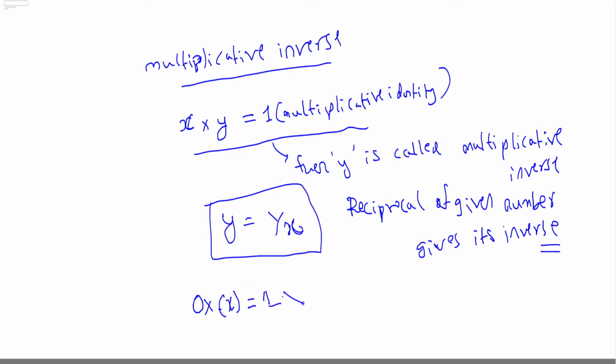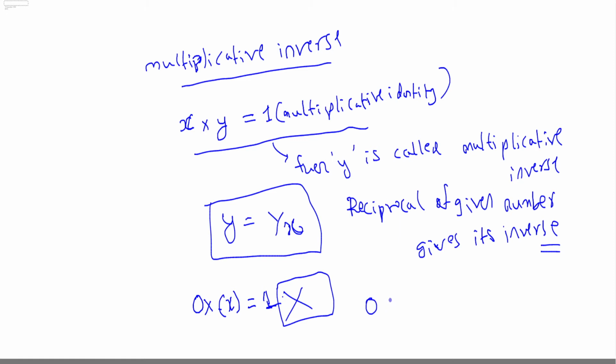No, it is wrong. Because 0 is such a number that if you multiply it with anything, you don't get 1. You don't get multiplicative identity.